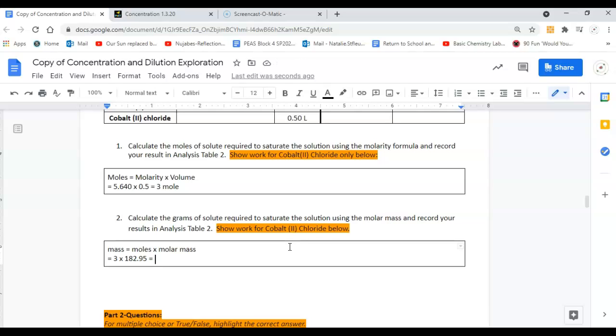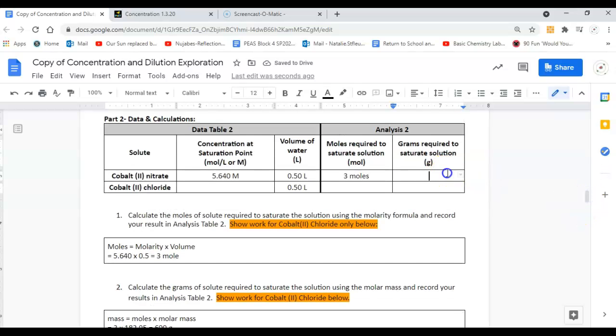And that gives me a mass of 549, which I'm just going to round to 600 grams. So it requires 600 grams to make a saturated solution with a half liter.